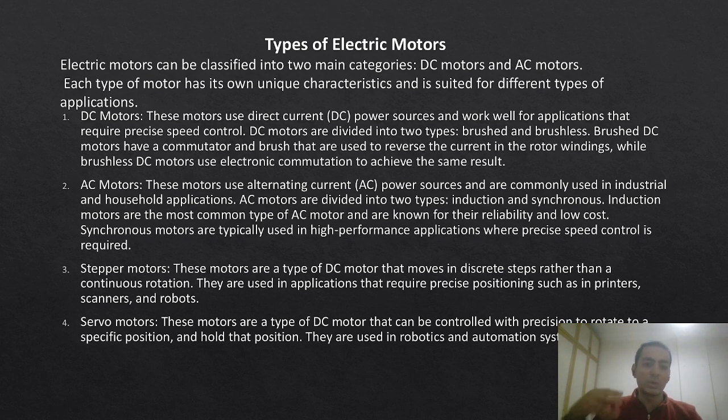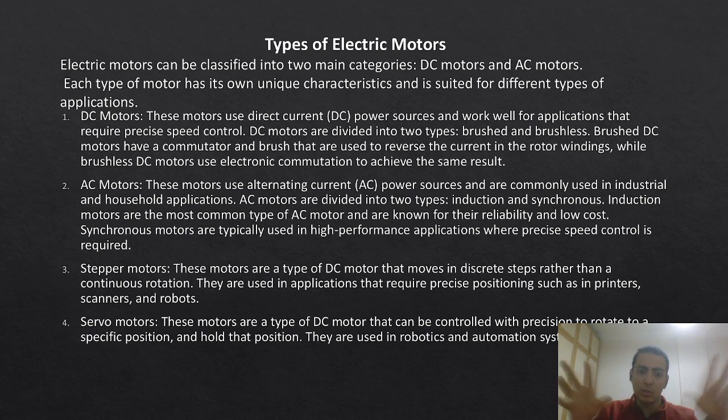Brushed DC motors have a commutator, and the brush commutator reverses the direction of current into the rotor windings to maintain the power of attraction and repulsion to keep the rotor moving in the same direction.